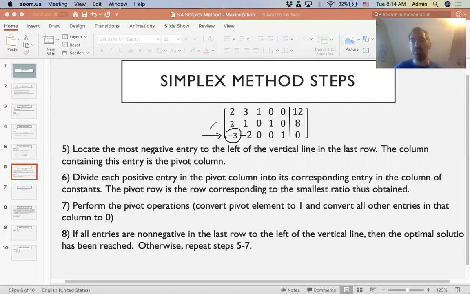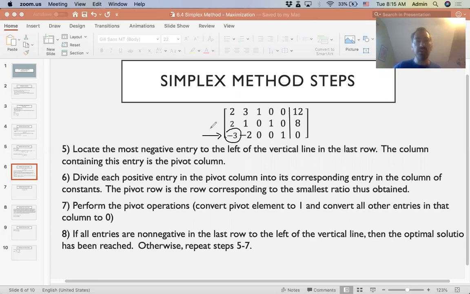So now we're looking at the most negative, because that's the largest coefficient of our variables, right? So when we're looking at the most negative entry, we're saying that the x variable has the most influence on the profit function. So we're looking at the column that has the most influence on the profit function.